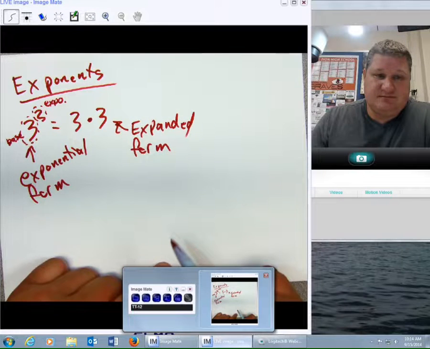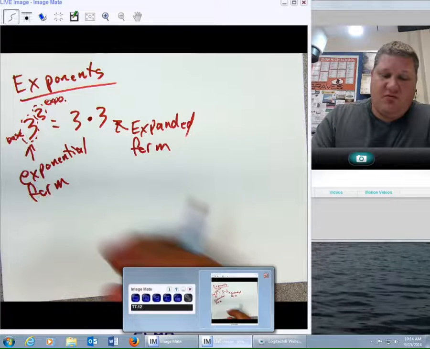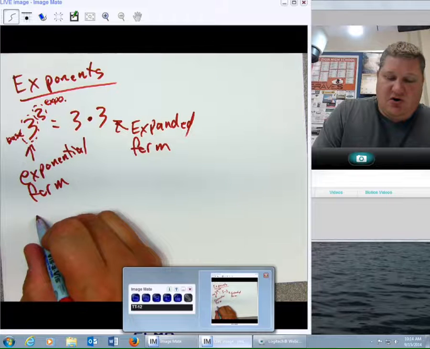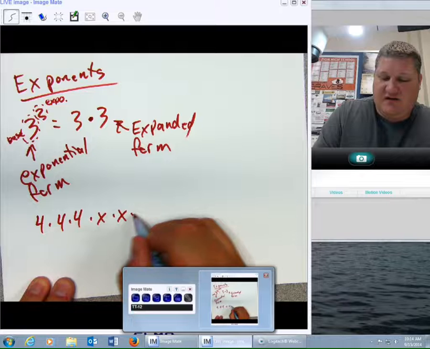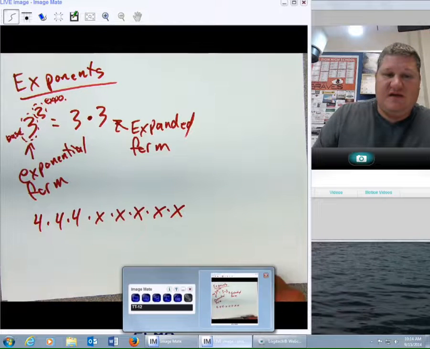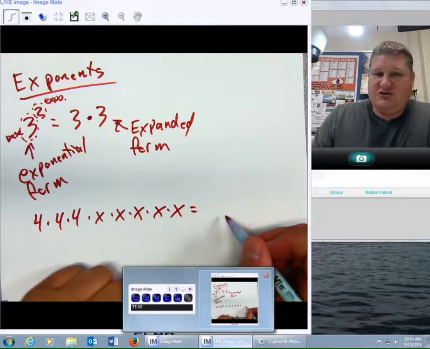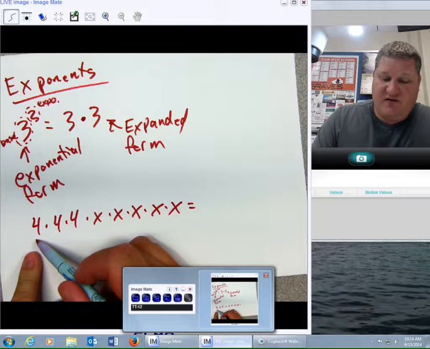Now, with your multiplication in expanded or exponential form, we can make things a bit more complicated. Let's go with 4 times 4 times 4 times x times x times x times x times x. In this case, that is definitively expanded form. If we want to change it into exponential form, we would simply say, how many 4s do I have? I have 1, 2, 3.